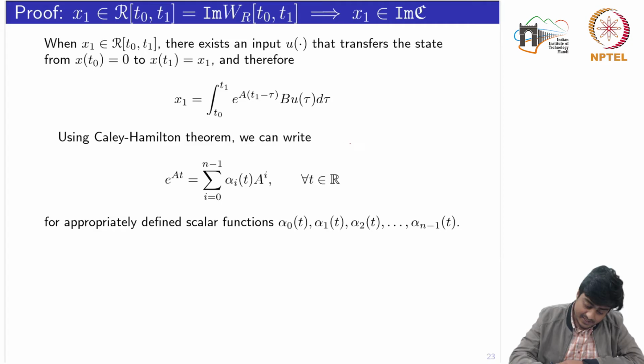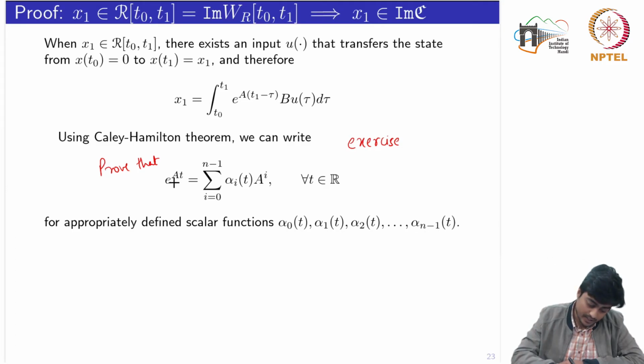You can take this as an exercise if you have difficulty seeing this equation coming from the application of the Cayley-Hamilton theorem: you need to prove that I can express e to the power At as this. So by the application of the Cayley-Hamilton theorem, we can write this for some scalar functions alpha naught to alpha n minus 1.